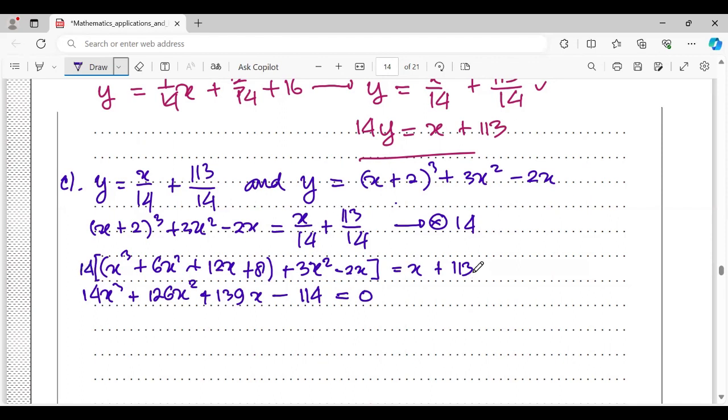14 times 8 minus 13. And after that, factorize. If you factorize, it becomes x plus 2 times 14x squared plus 98x minus 57 equals 0.